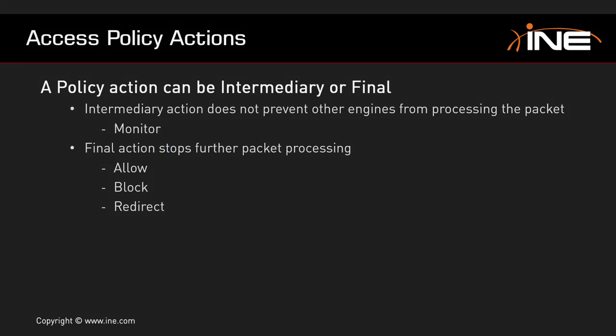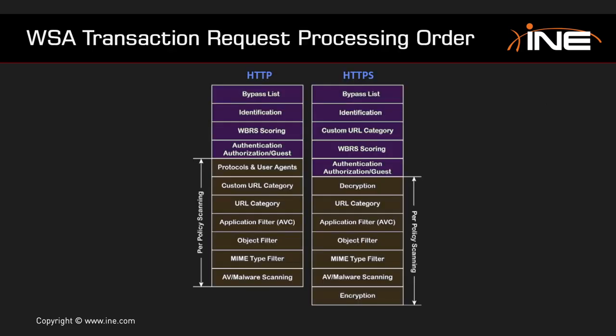Right, so based on what I just showed you, you probably figured out that there is going to be some sort of order of operation, how the different control settings will be applied to the transactions. And this is actually showing us the actual order.